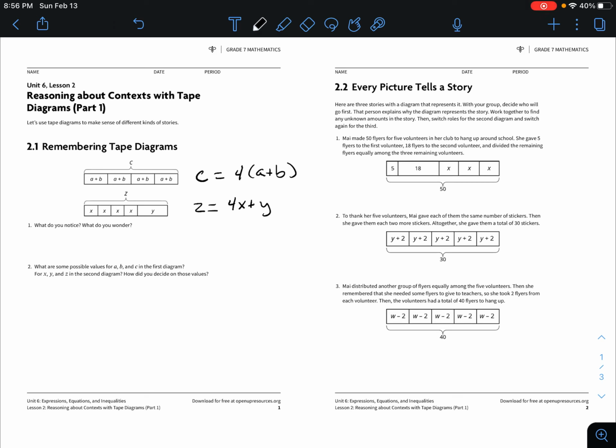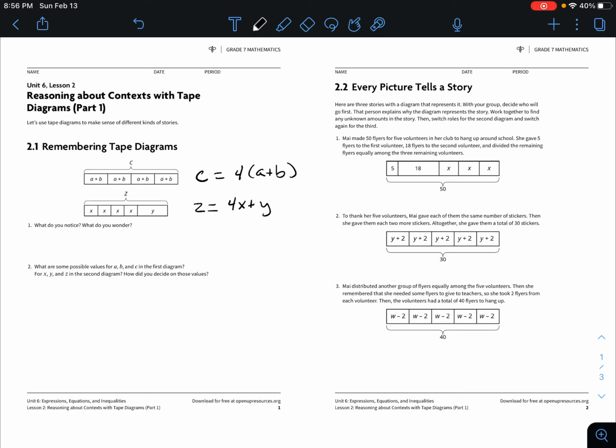That's just reading that tape diagram. That top number shows that the total length would be C, and that C length is made up of 4 of those A plus B's. Next one, the total length is Z, and that is made up of 4 X's and 1 Y.